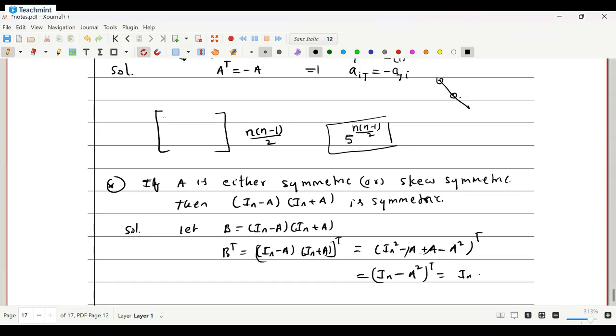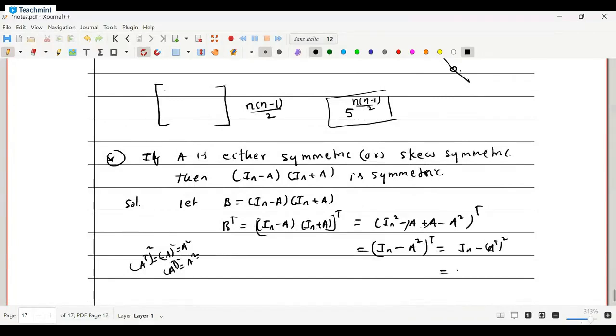Which is equal to In transpose minus A transpose whole square. If it is skew symmetric, then A transpose equals minus A, so whole square equals minus A whole square, which is nothing but plus A square. If it is symmetric, A transpose equals A, whole square equals A square. In either case, this value is equal to A square.